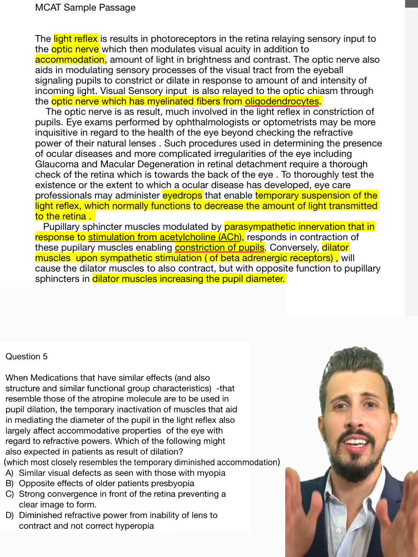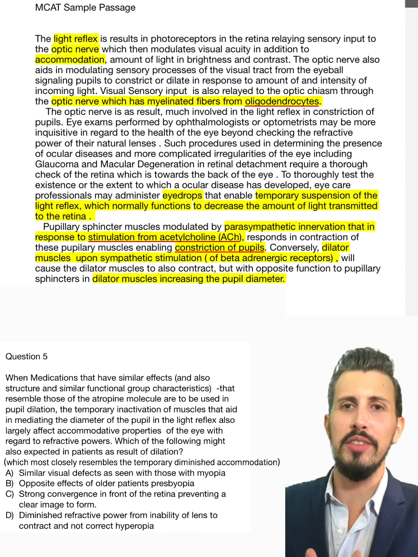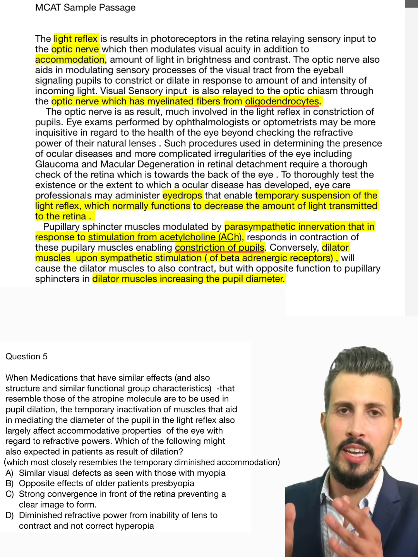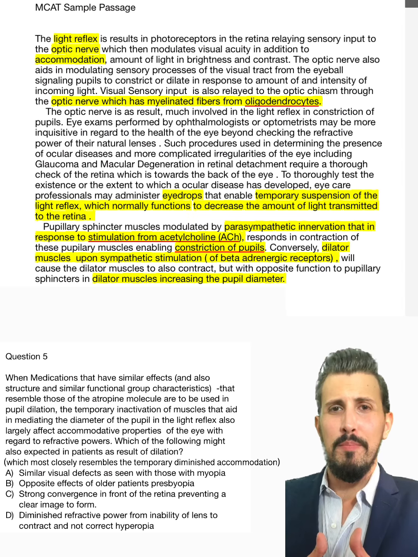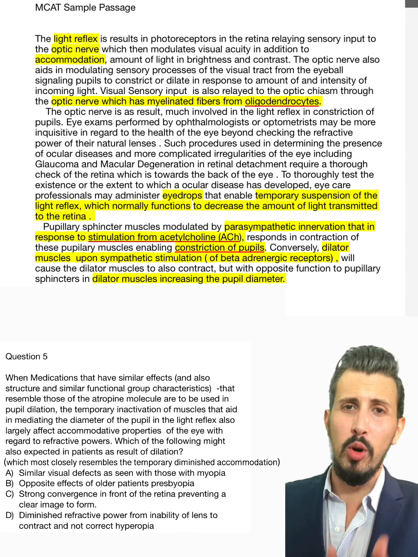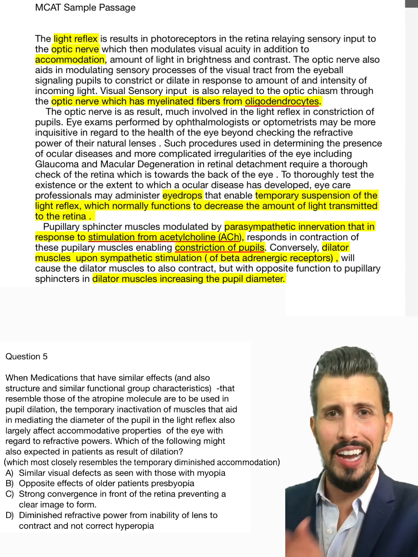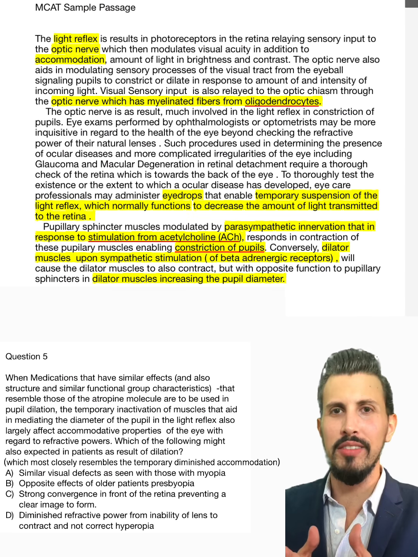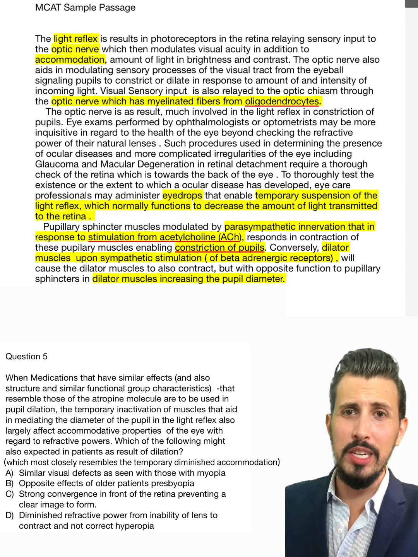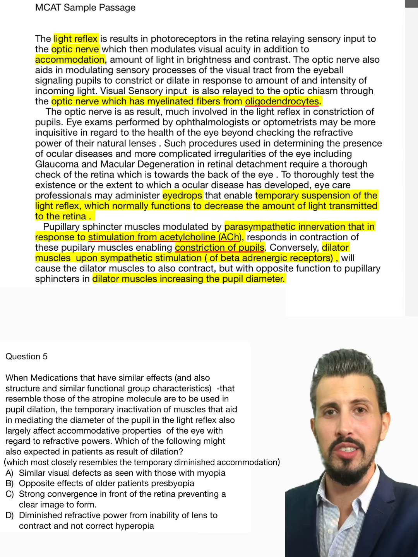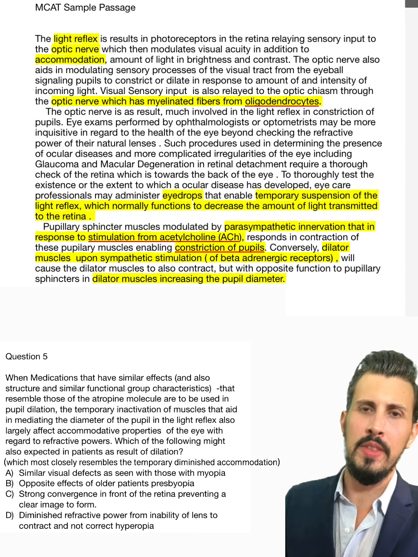There's a lot more to it, but in reference to the fundamentals that you have to know for the MCAT and the OAT, if a person has hyperopia, the image converges behind the retina, and so we have to have corrective lenses that enable the converging power of the image to increase so that it focuses a little bit sooner on the retina.